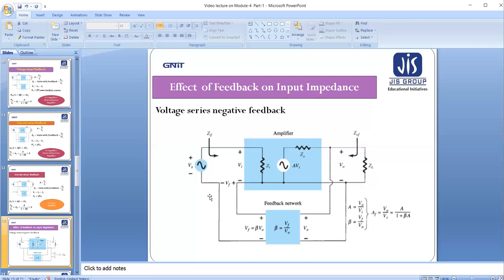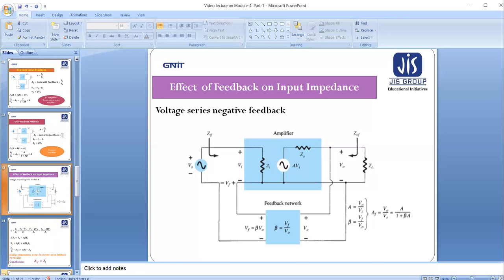So Vs is connected to the input side and the output is connected to the load side. Now we will deduce the input impedance; what is seen here is Zi.